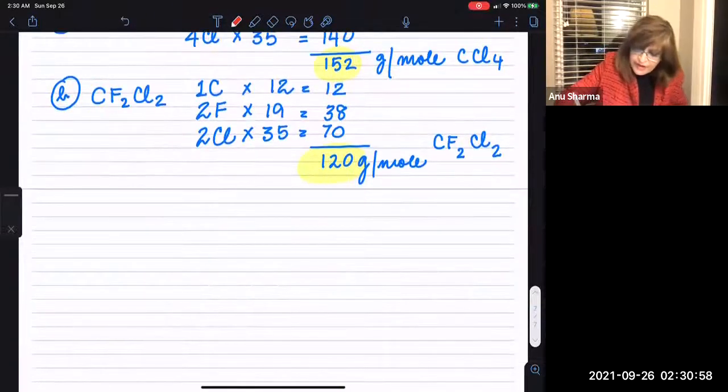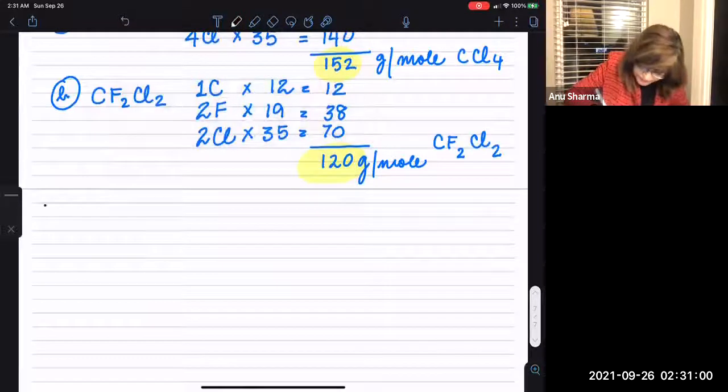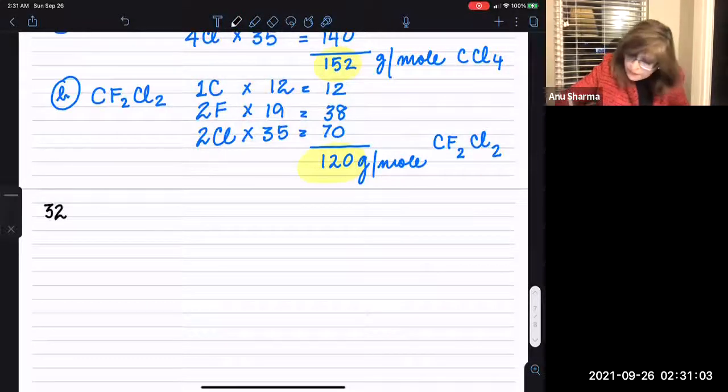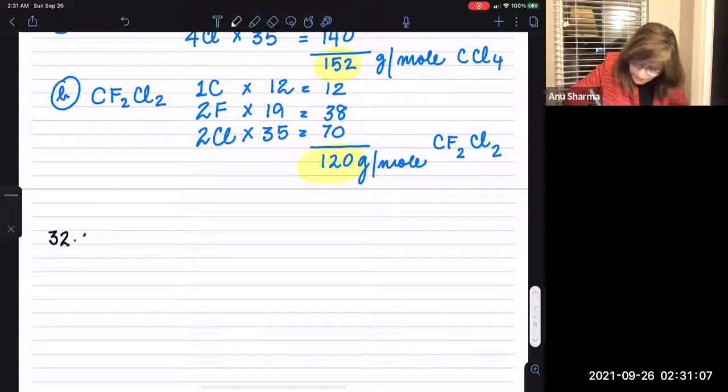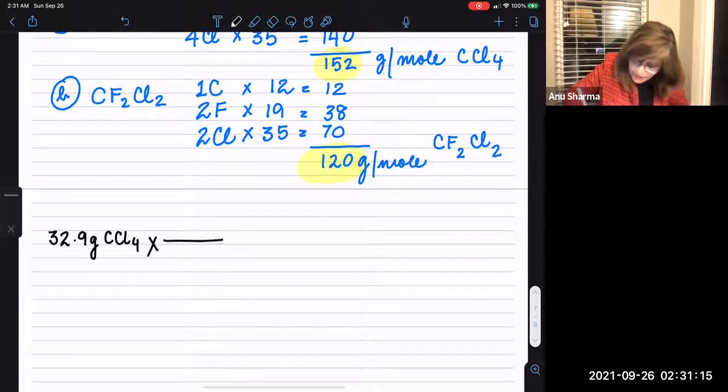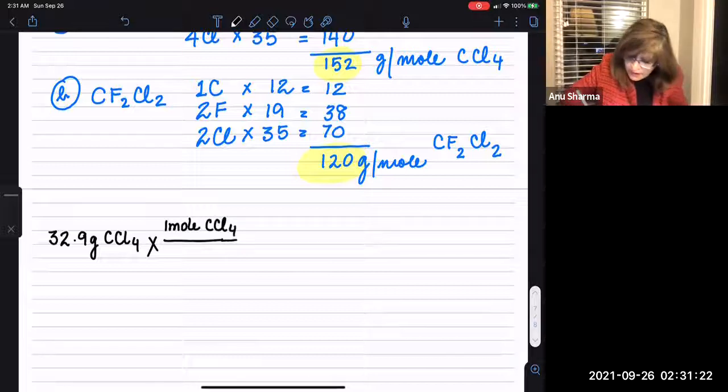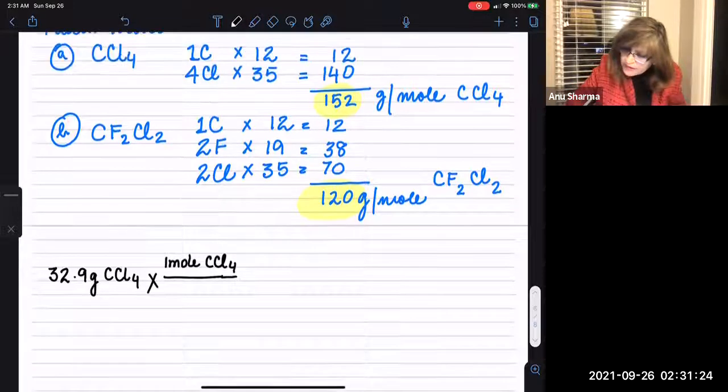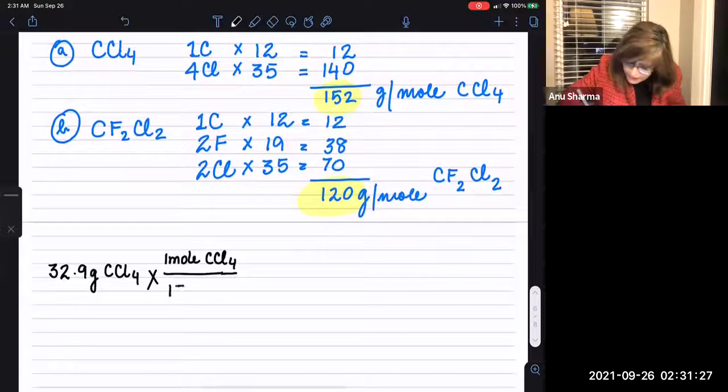So 32.9 grams of carbon tetrachloride, convert that to moles: 1 mole of carbon tetrachloride over 152 grams of carbon tetrachloride.